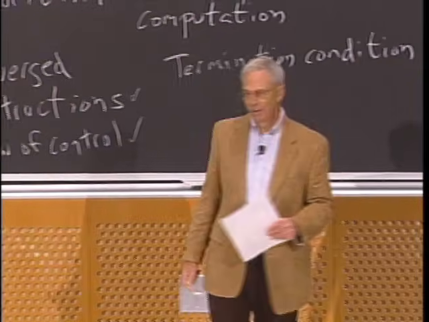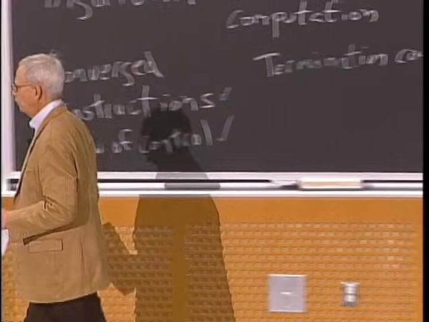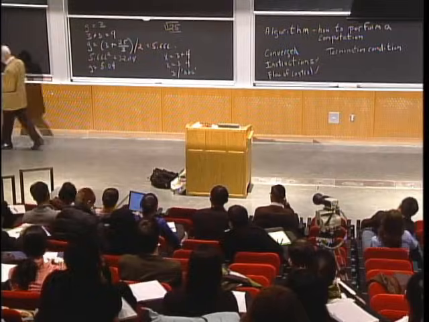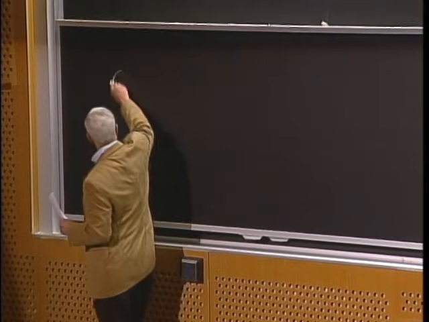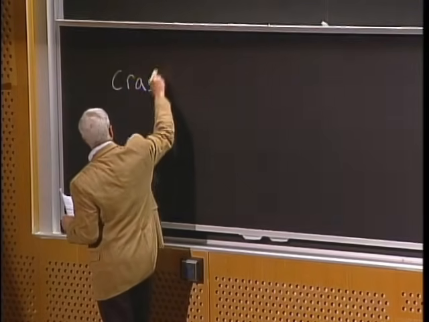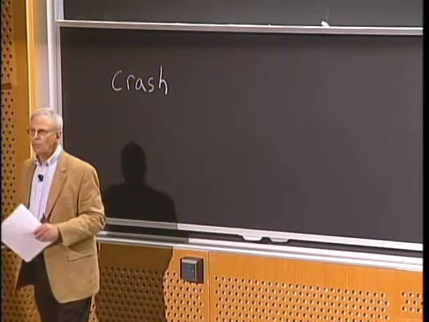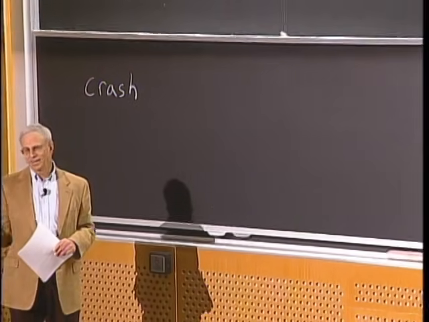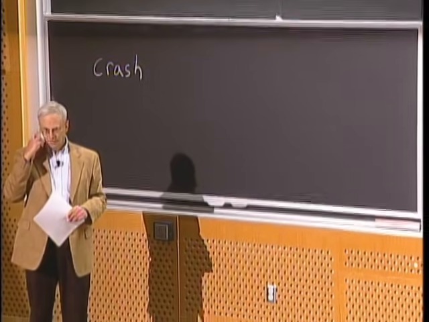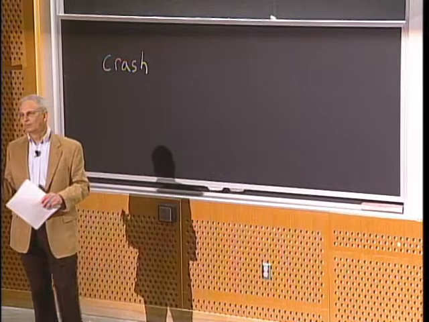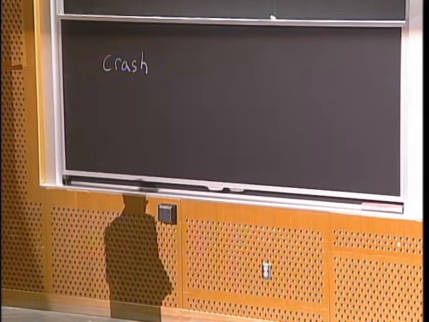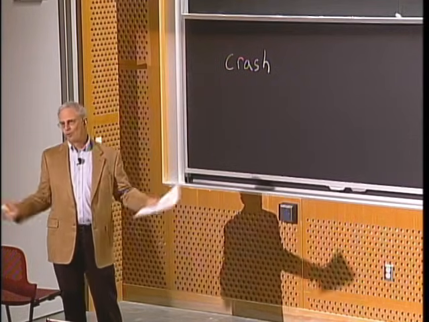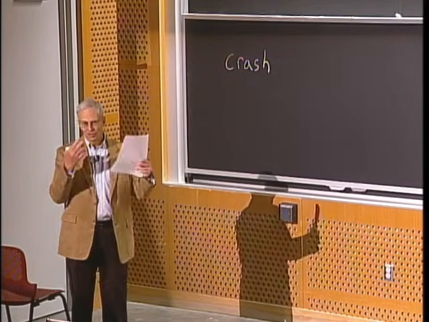So what might happen when we write a program that doesn't do what we want it to do? It might crash. By that we mean stop running and produce some palpable indication that it has done so. So you've all used programs that have crashed, right? You've sat there using your email program or Word or PowerPoint or something, and suddenly it just goes away.